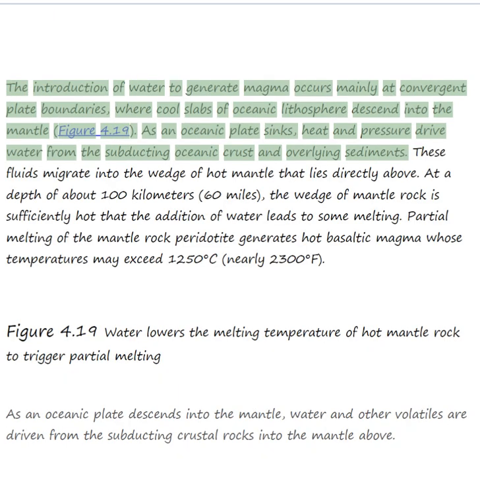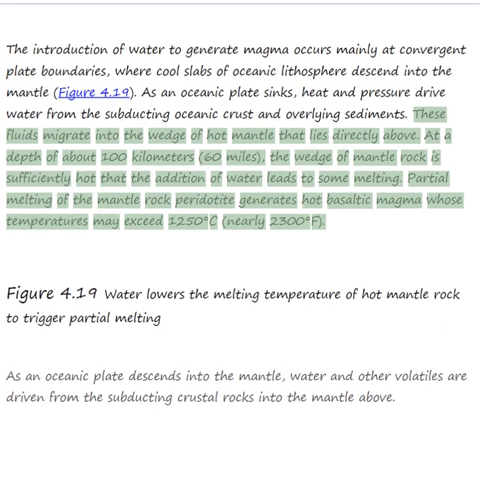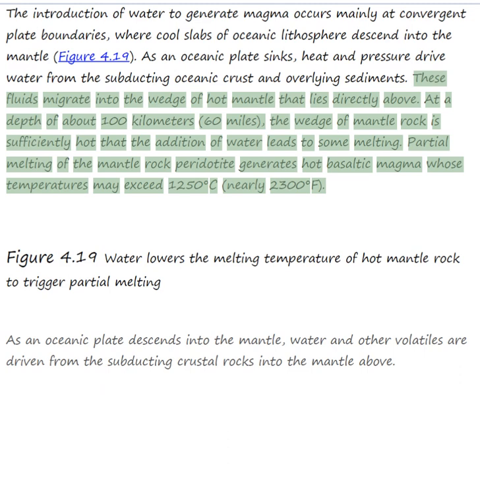The introduction of water to generate magma occurs mainly at convergent plate boundaries, where cool slabs of oceanic lithosphere descend into the mantle. As an oceanic plate sinks, heat and pressure drive water from the subducting oceanic crust and overlying sediments. These fluids migrate into the wedge of hot mantle that lies directly above.